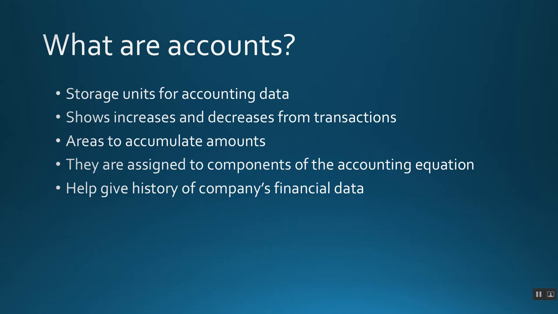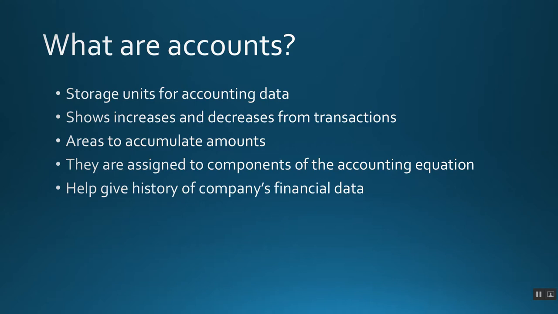Well, this is where we record and store the data in our accounts. Our accounts show the increases and decreases that take place from the transactions that we identify. And our accounts are areas that accumulate amounts. They will either continue to increase and increase, or decrease and decrease.